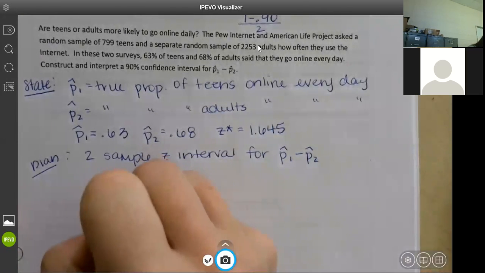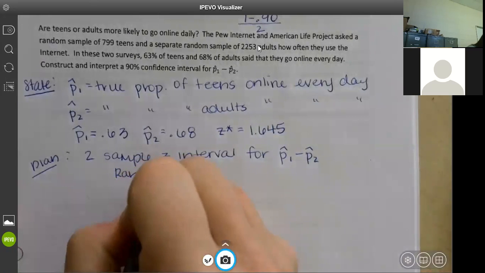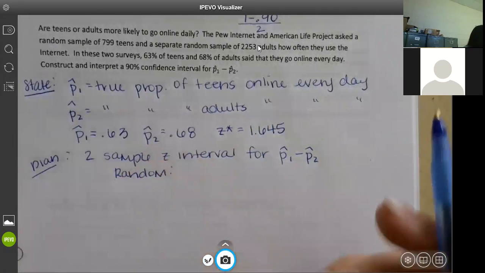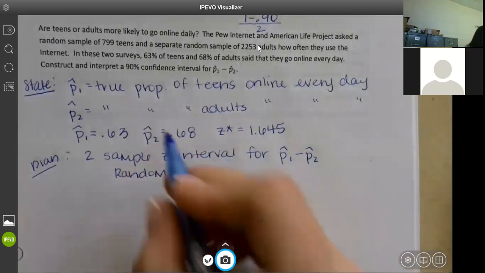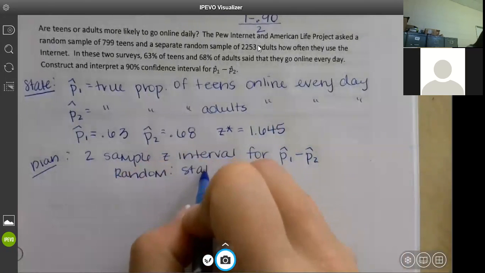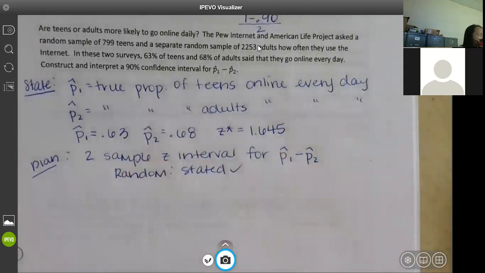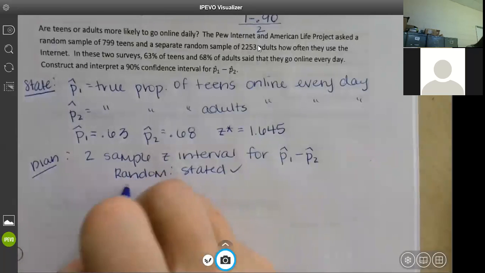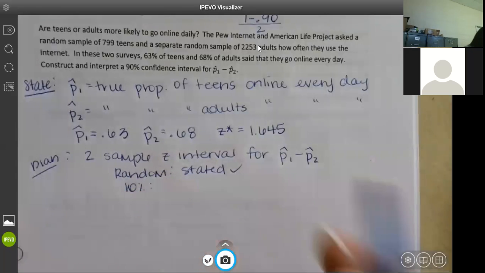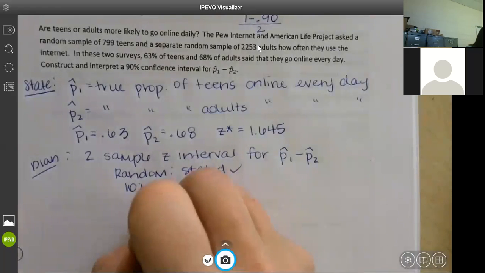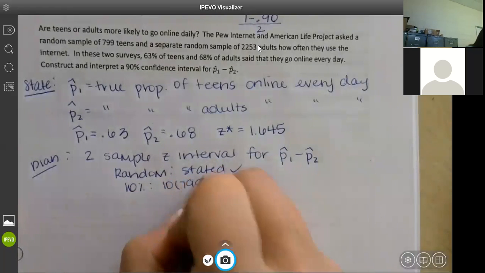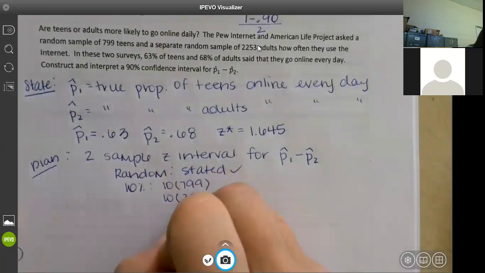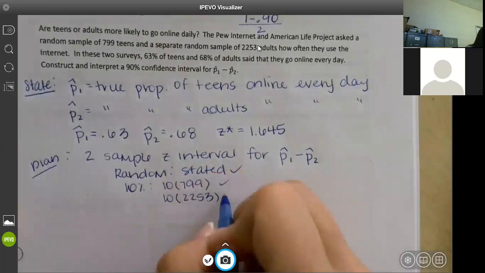We start with random. Are they both random samples? Yes, and remember that they both have to be random. 10%: what are we going to check? We already did this, so I'm not going to make you go through it, just put checks on them, we're good.